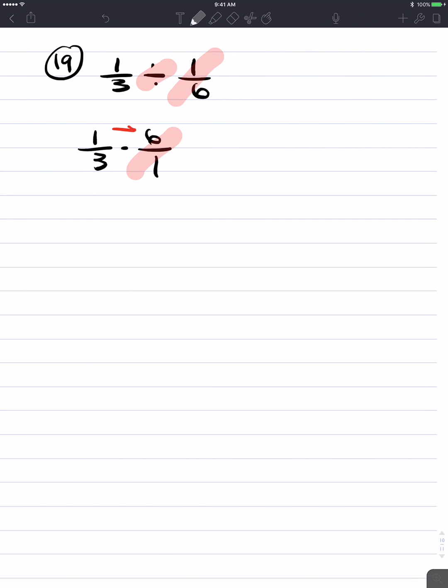We are now multiplying the first fraction on the left with the reciprocal of the second fraction, and we multiply horizontally across. So I get 1 times 6 over 3 times 1. I can multiply 1 and 6 to get 6 over 3.